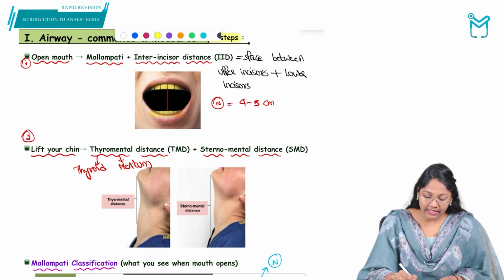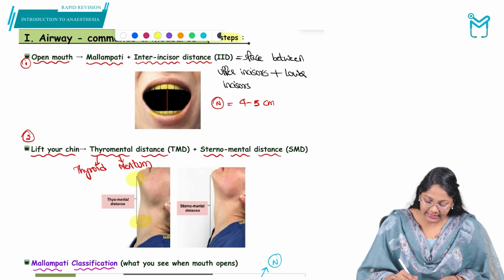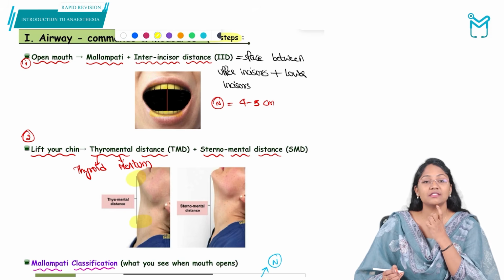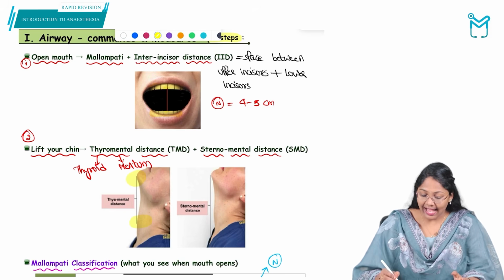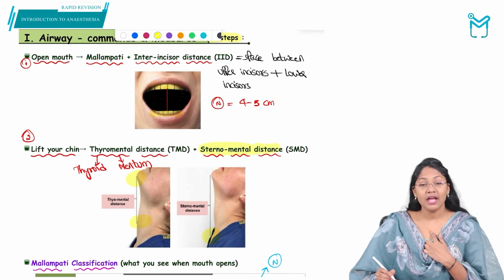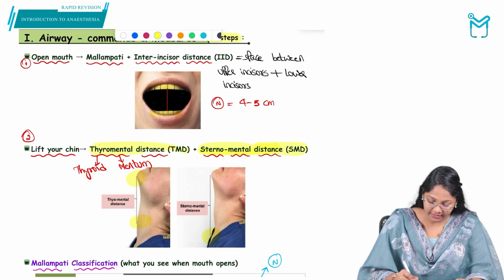You can see here clearly, this is the thyroid region and this is the mentum region. So you will measure the distance between thyroid and mentum as well as from the sternum to the mentum. So this is the distance we are going to check.